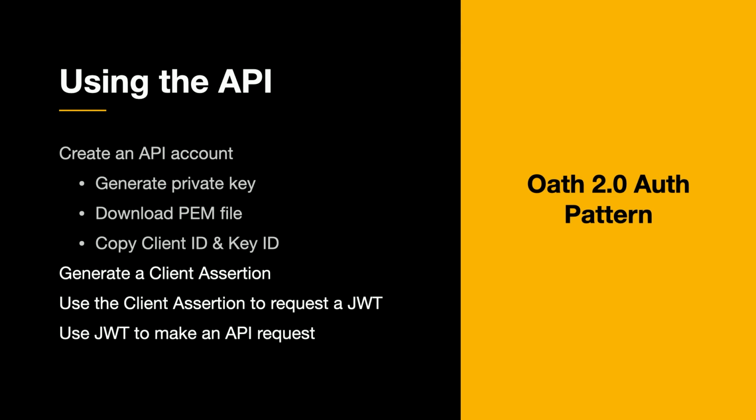Now you generate the client assertion locally on your device using the payload details like client ID, key ID, etc., and sign it with that private key. Now you use the client assertion in a request to get a JWT, that short-lived one-hour token. The response comes back with the bearer token, and now you use that bearer token when you make API endpoint requests.